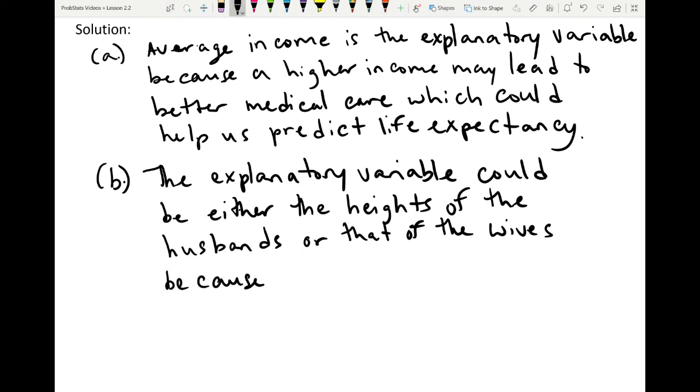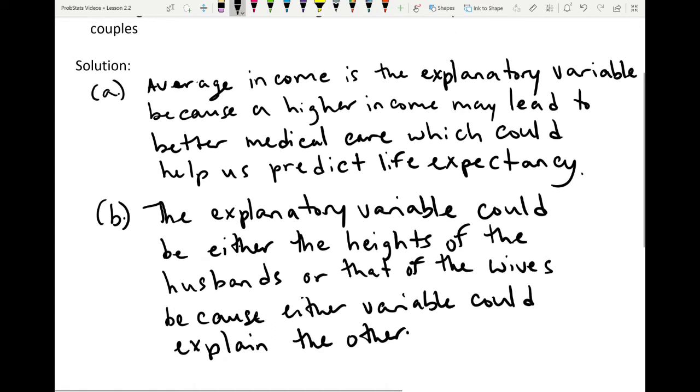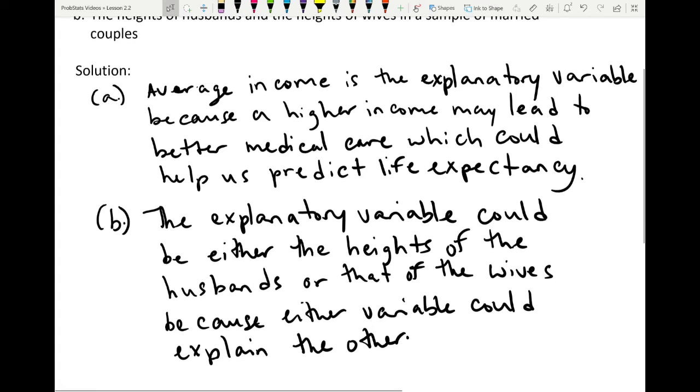And we could say because either variable can actually be used to help explain the other or predict. All right, so like we said, sometimes you're going to have a clear-cut explanatory variable, sometimes you won't, and then you could say that it's either one.